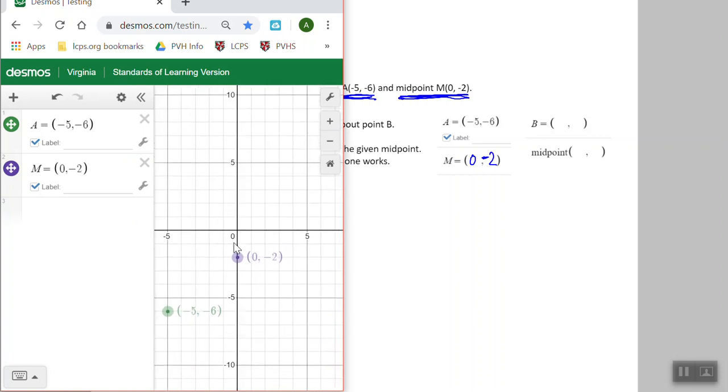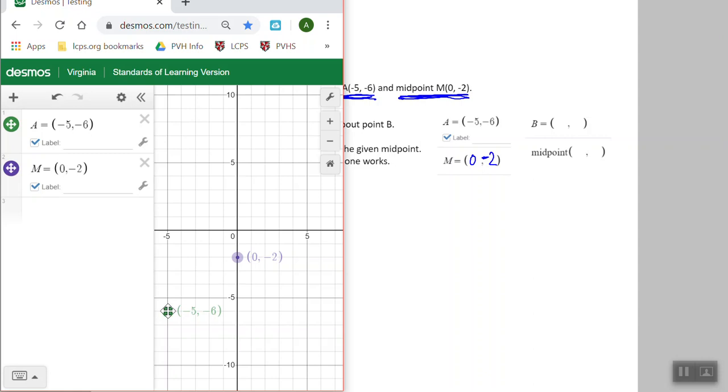Now, I know that this purple point is the midpoint M, and I need to find the missing endpoint. What I could do is count from the end, like I'm doing slope, up and over to the midpoint, and because this is the middle, it has to be the same distance to the other end.